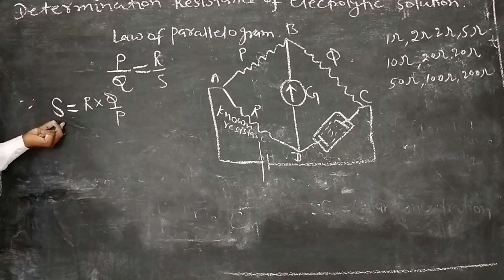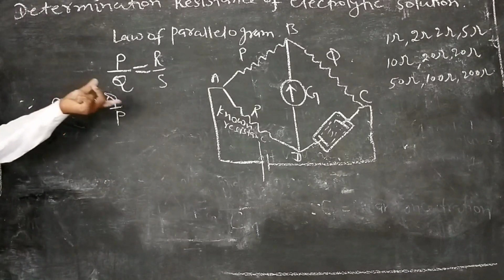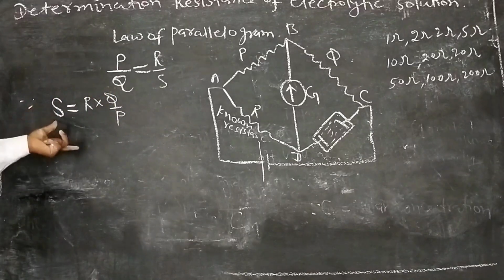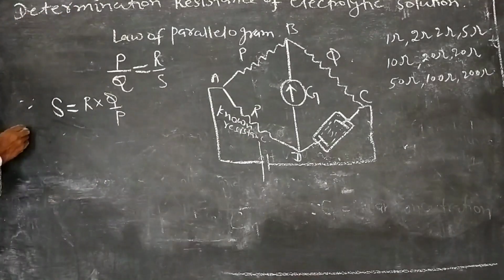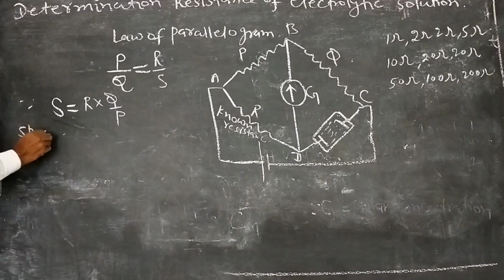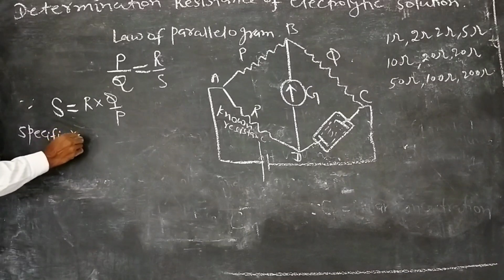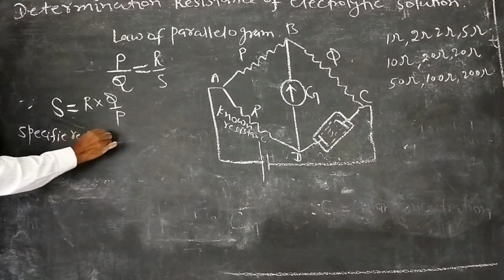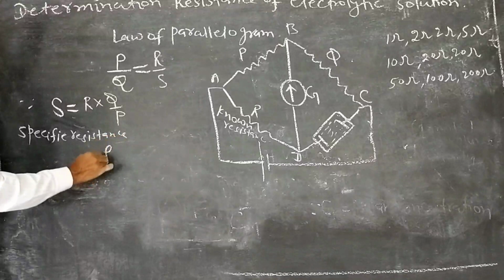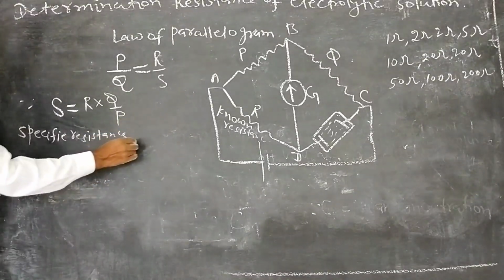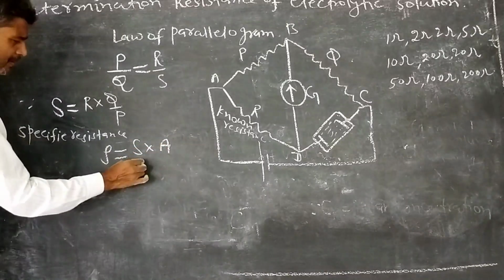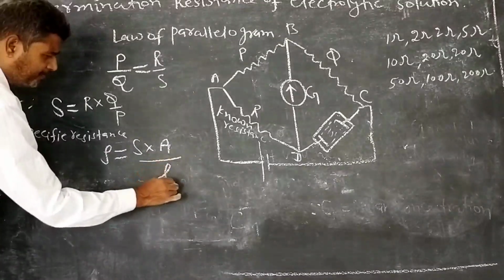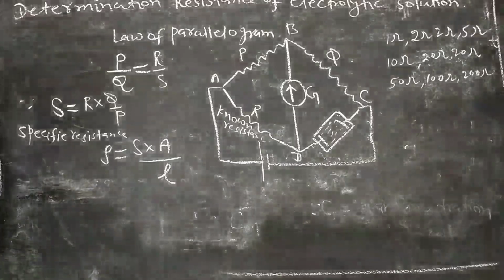After knowing the value of S, we calculate the specific resistance of this electrolytic solution. Specific resistance rho is equal to S into area of electrode upon length between electrodes.